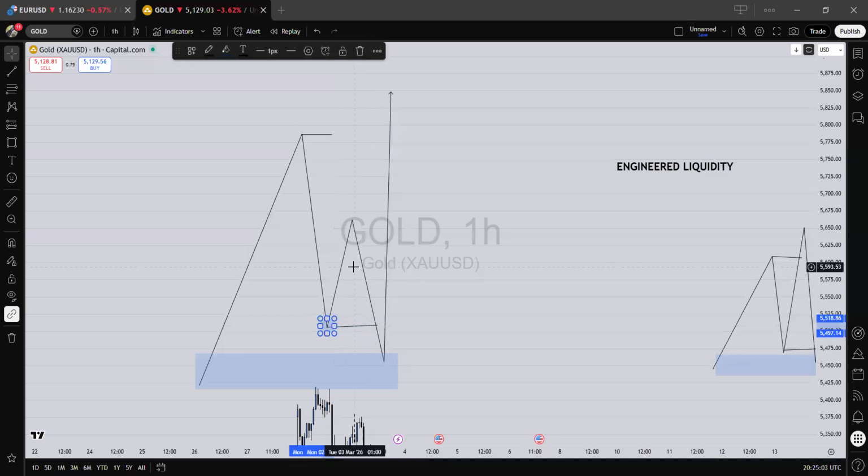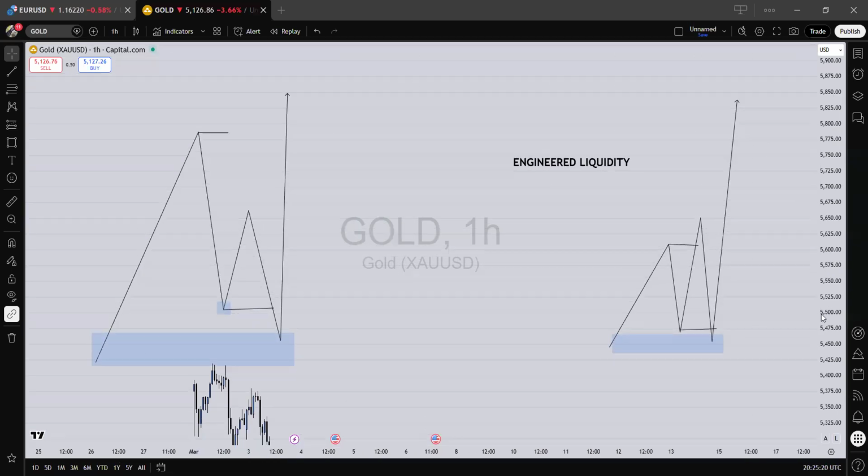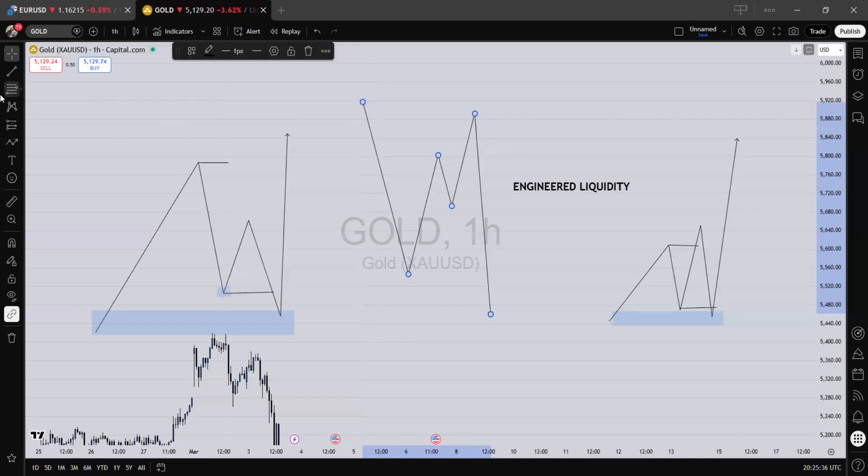So the failure for price to break this high causes price to come back for this low as a weak low. So this is a weak low. A weak low is a low that failed to break a high, while a weak high is a high that failed to break a low. So price uses the concept of weak highs and weak lows to manipulate traders to take early entries or to exit the market prematurely. All right. This is for a bearish scenario.